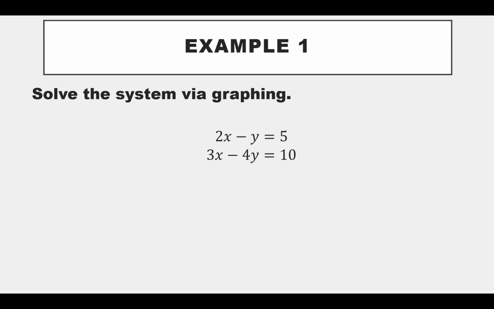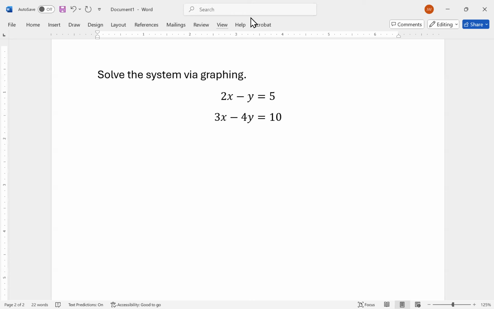Let's take a look at this example. It says solve the system via graphing. We have 2x minus y equals 5, and 3x minus 4y is equal to 10. There are a couple of different ways to graph. We can graph by hand.